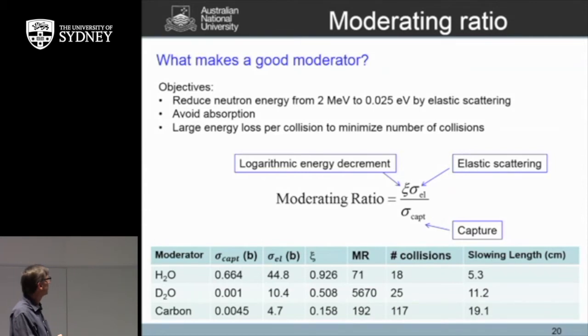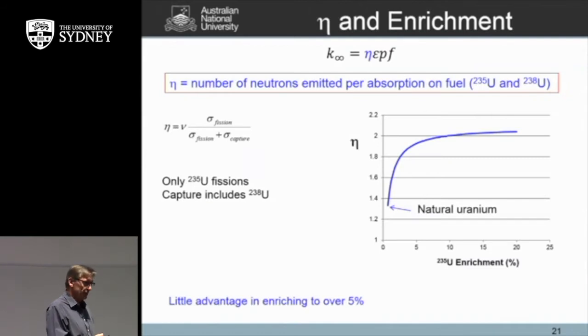It's because this moderator captures neutrons. D2O, small capture cross-section. Carbon, also a small capture cross-section. All right, so we know how to moderate now.